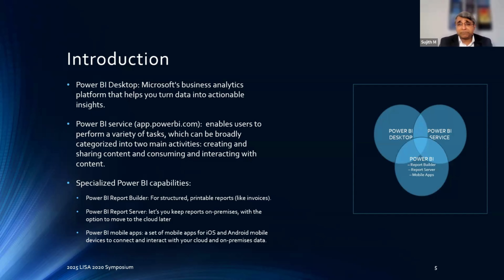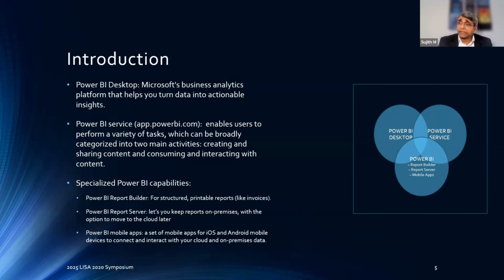Now, there could be a few specialized needs, like the need for a print version of the report in addition to the online version of the dashboard. In such cases, you would probably need the Power BI report builder as well. On a few occasions, an enterprise might say, you know what, my reporting cannot be published on the web. It needs to be on-premise based. That's where you probably need to use the Power BI report server.